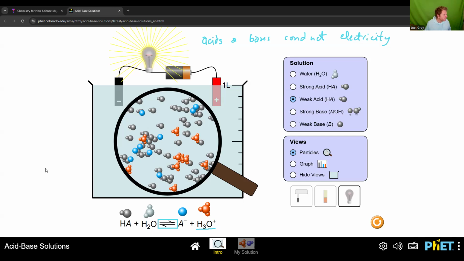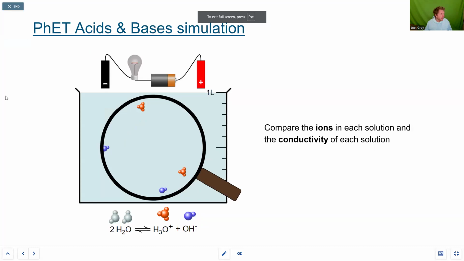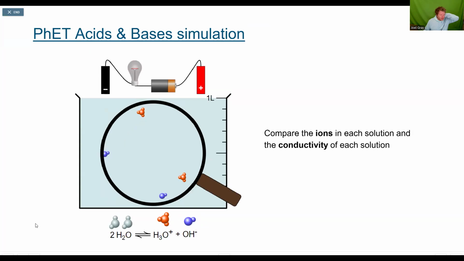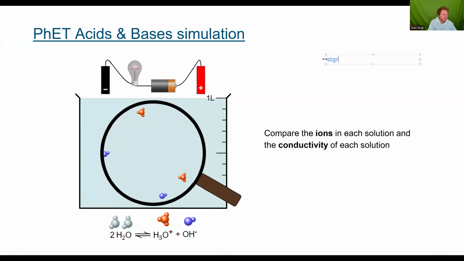Now, I'm going to clear all my drawings here and go back to where we were. What we wanted to get from this was a thought about ions and numbers of ions. An important detail is that strong acids make more ions than weak acids.